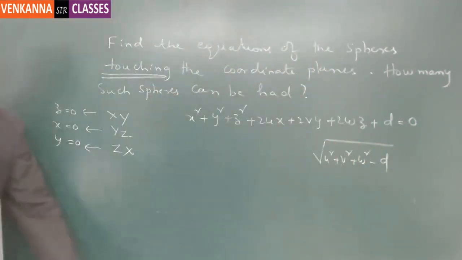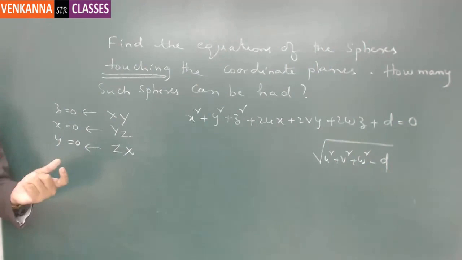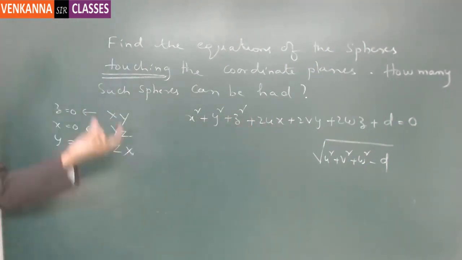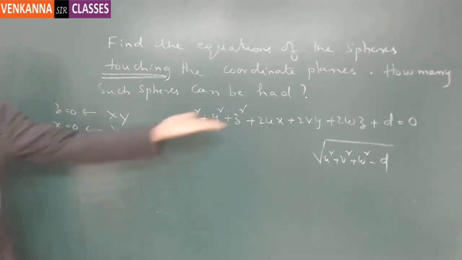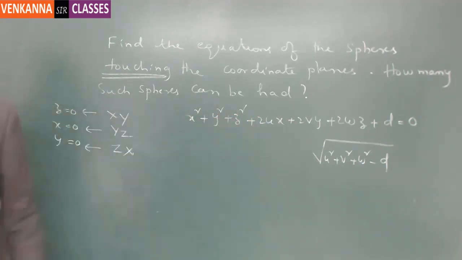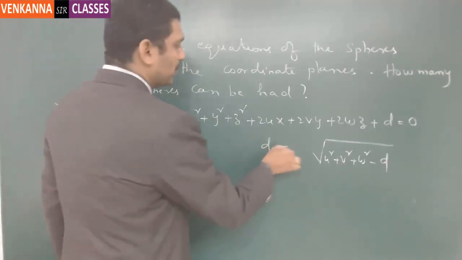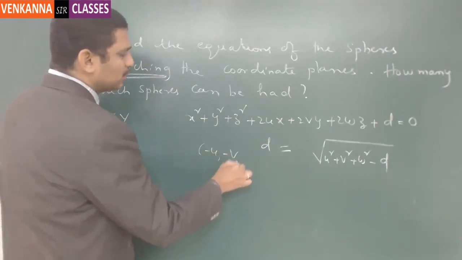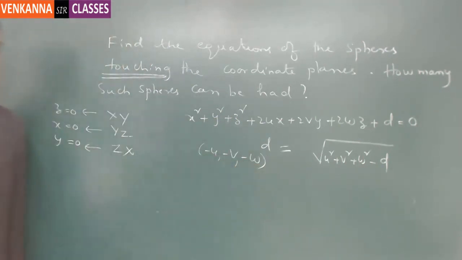And what is the distance? If you calculate the distance from the center of the sphere to each of the planes, all the distances are nothing but equal to the radius. So distance is equal to radius. The center is nothing but (minus u, minus v, minus w).